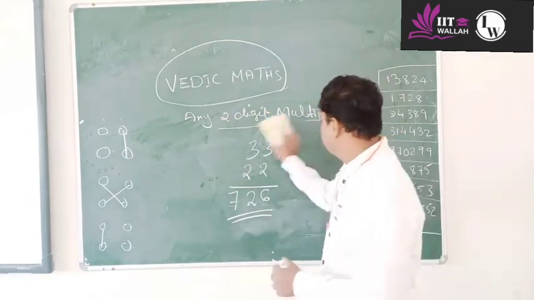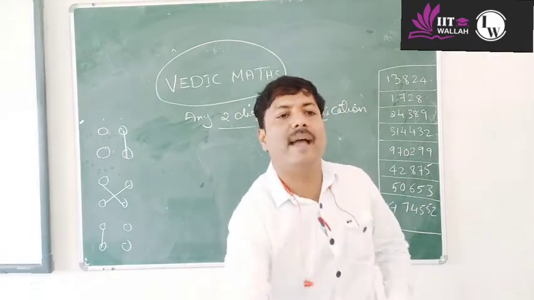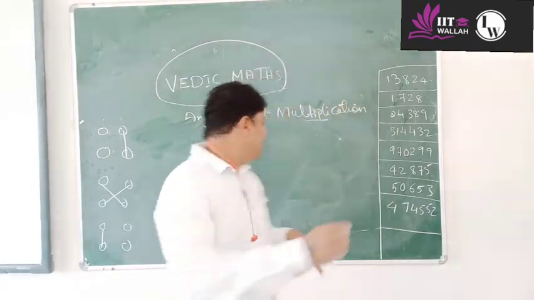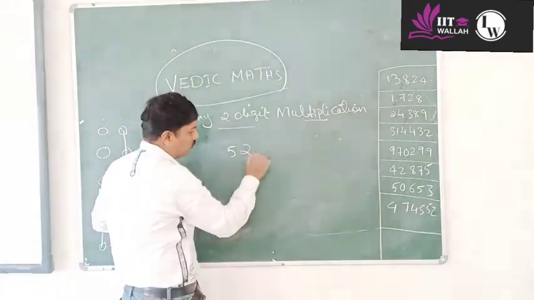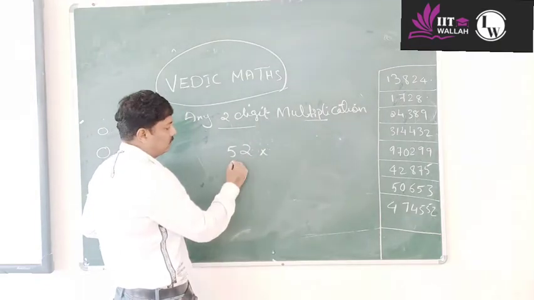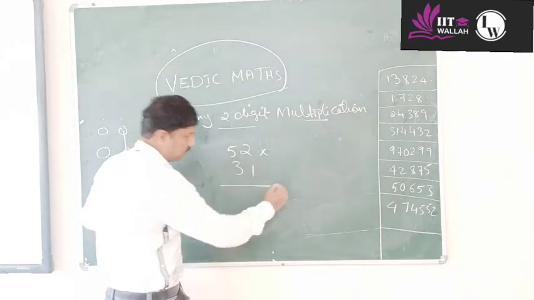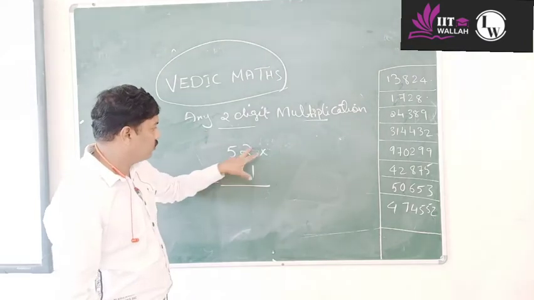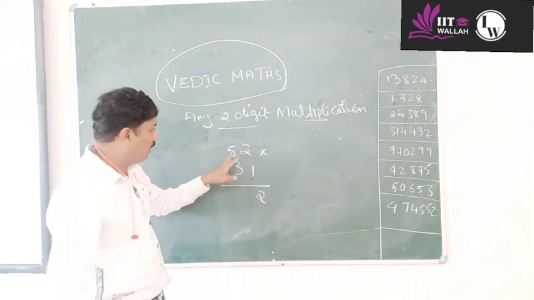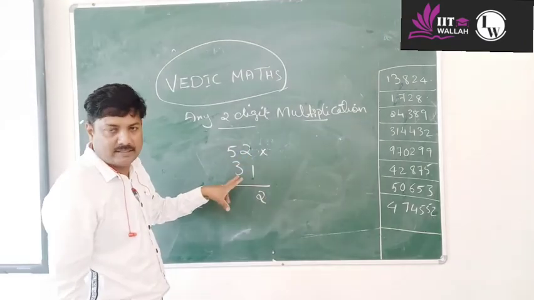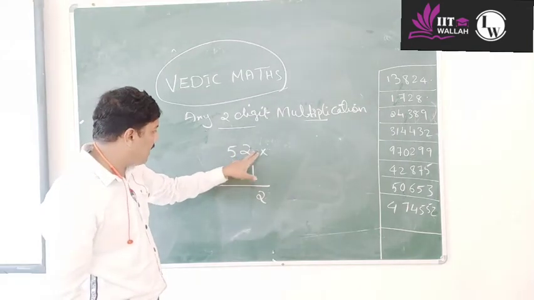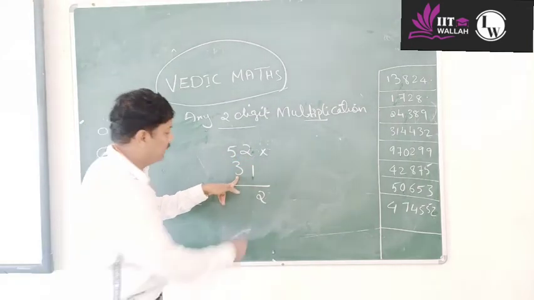So give me another number. 52 into 31. Okay. First you listen. 2 1s are 2. Now cross multiply and add the results. 5 plus 6, 11.